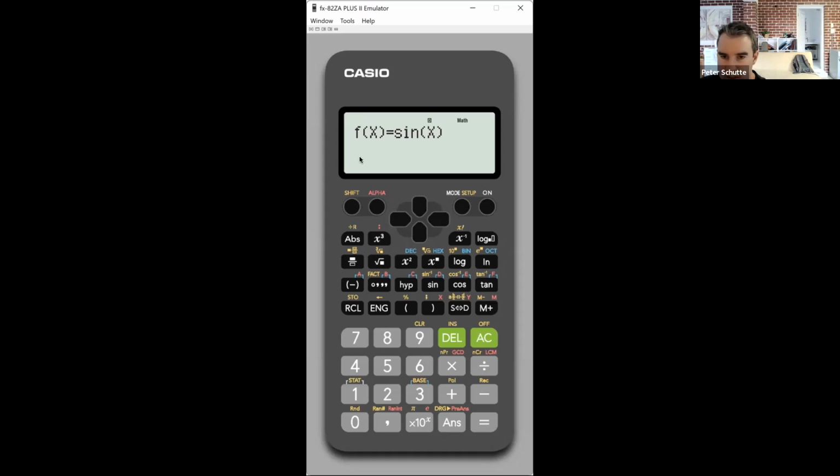So I went into table mode and I did the trig function. Now I go equals. Now I add a second column, but I don't need it right now, so I'm going to ignore it. So where am I going to start? Well, let's say in my situation, I'm starting at 0. So pretend I'm starting at 0 and I'm going to end at 360. And my step size is going to be 90.